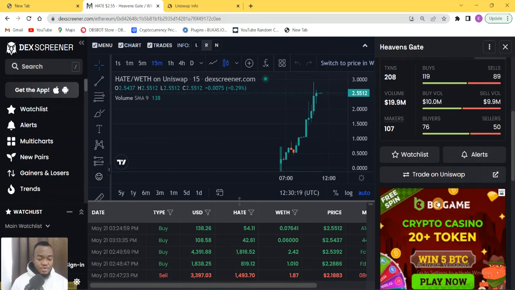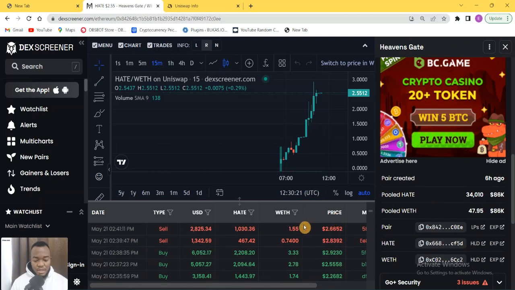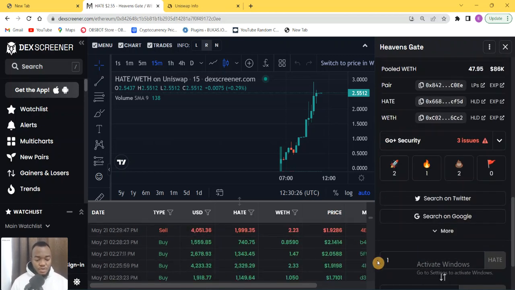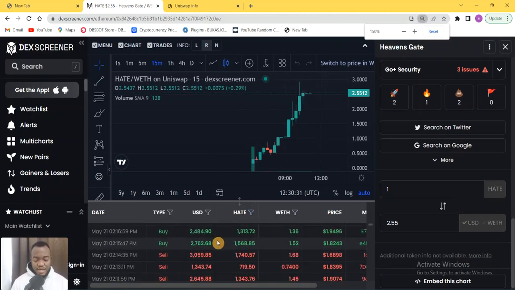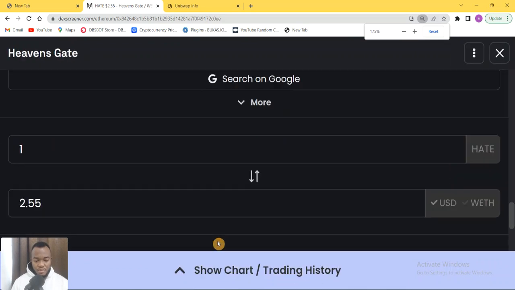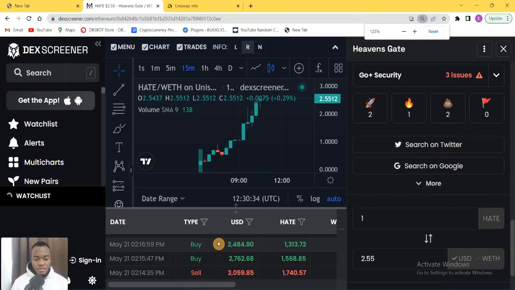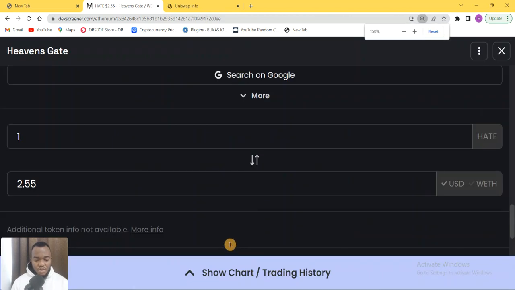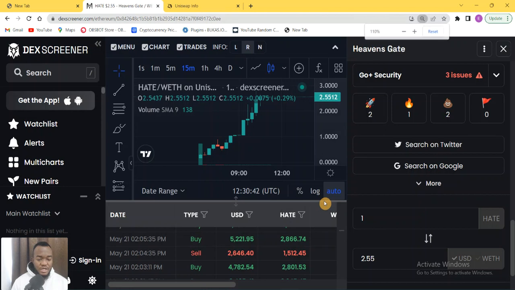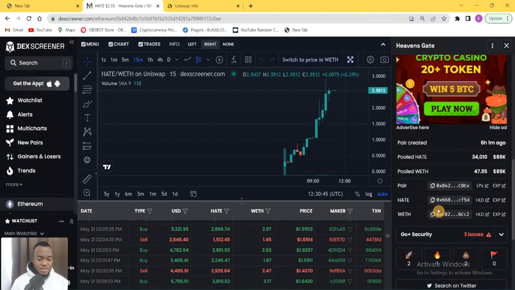Then you can come down more, and you can see the number of buys. Below, you can see the people that are buying this token, how they are buying, what they are doing, all those things. Now you can copy the address, the pair, or the ETH contract.